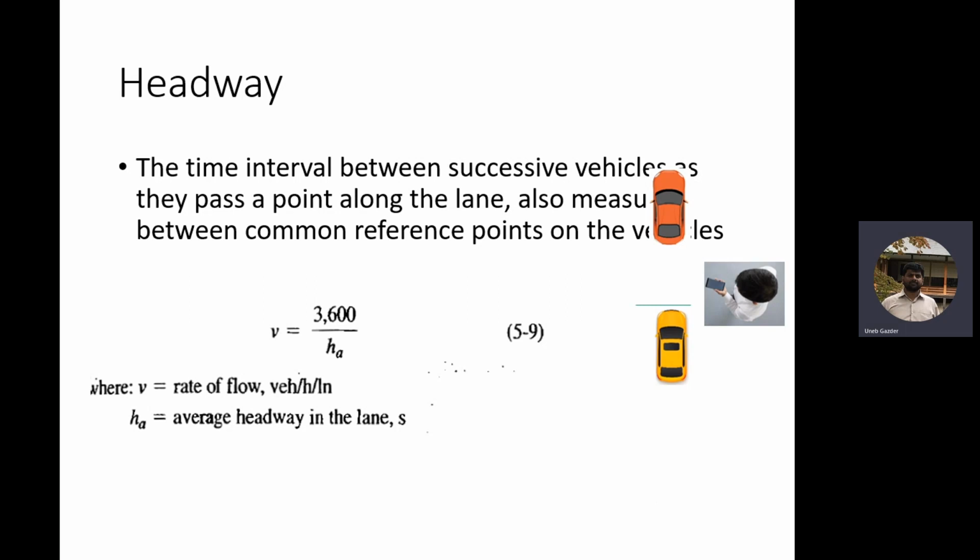So the average headway is 4 seconds. So this tells you what? After every 4 seconds, there's a vehicle. So 4 seconds per vehicle, right? If I take the inverse, it becomes vehicles per second or vehicles per unit time, right? And vehicle per unit time is what?